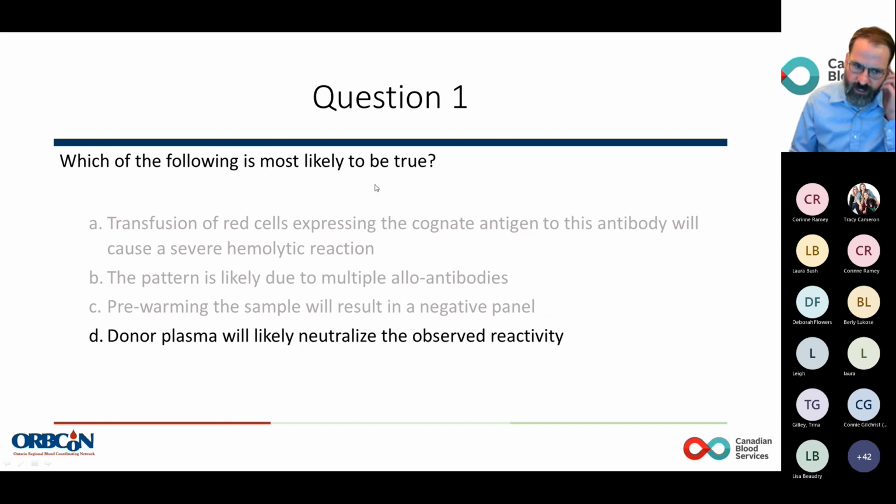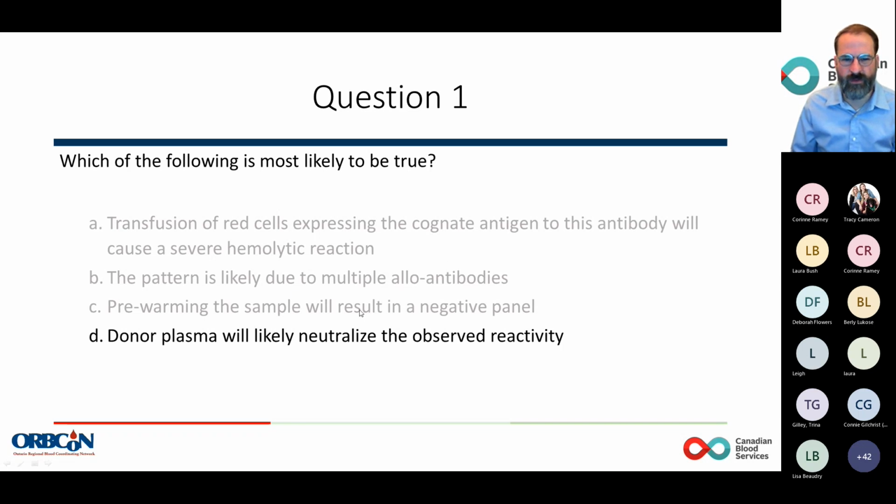So if we go back to question one, the best answer is that donor plasma will likely neutralize the observed reactivity, because we're thinking this is an HTLA, so Chido or Rogers might be the reactivity there. Option A is not a great one because most of these do not cause severe hemolytic reactions. We talked about the pattern, fairly consistent across the whole panel at 1+, making multiple alloantibodies less likely.